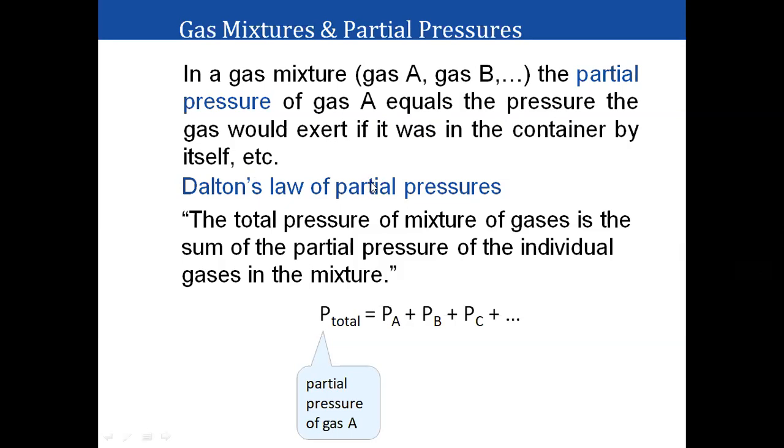Dalton put forward the law for these partial pressures and stated that the total pressure of a mixture of gases is the sum of the partial pressures of the individual gases in the mixture. So P total equals pressure A plus pressure B plus pressure C and so on, and PA is the partial pressure of gas A.